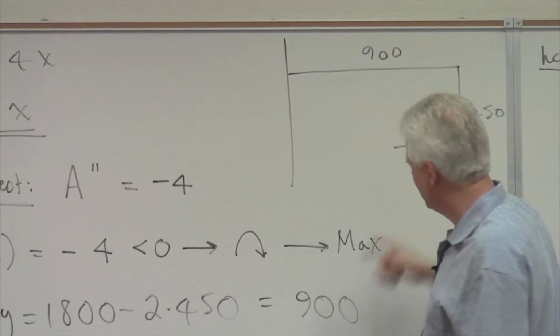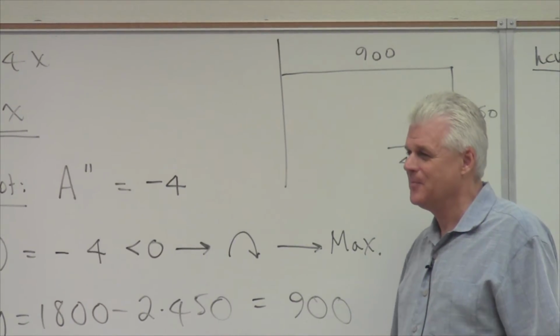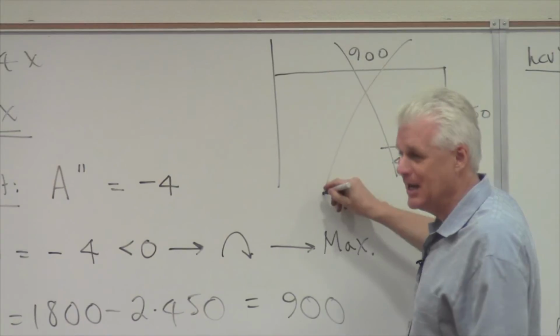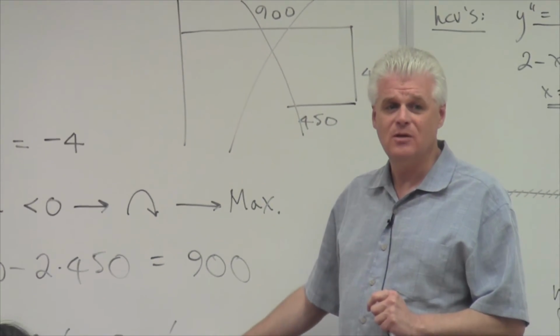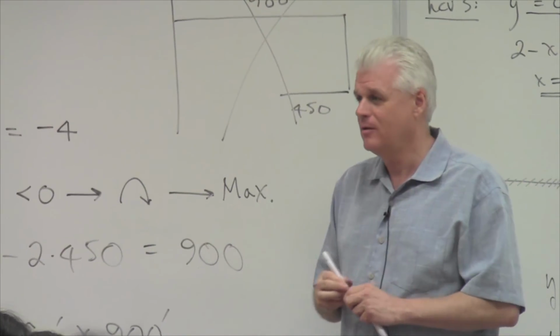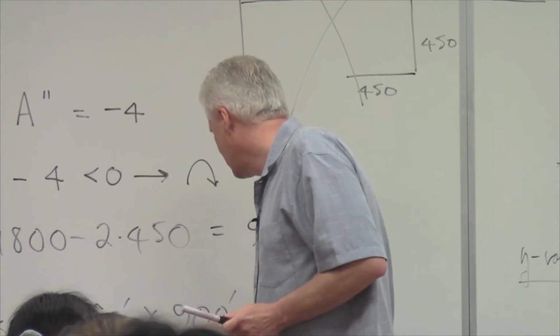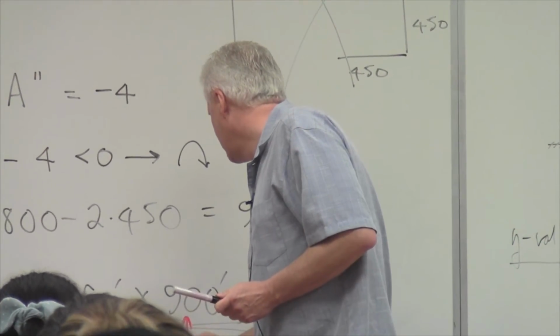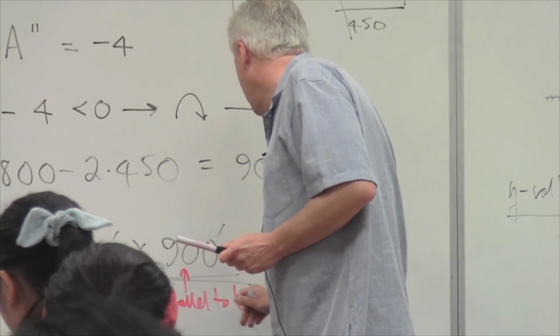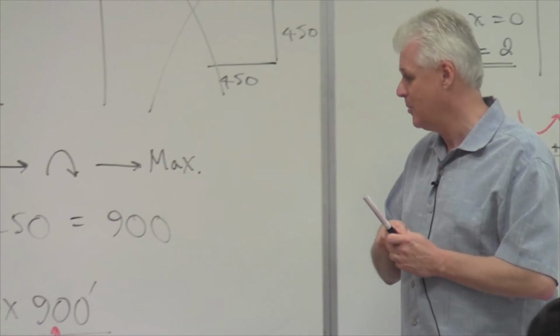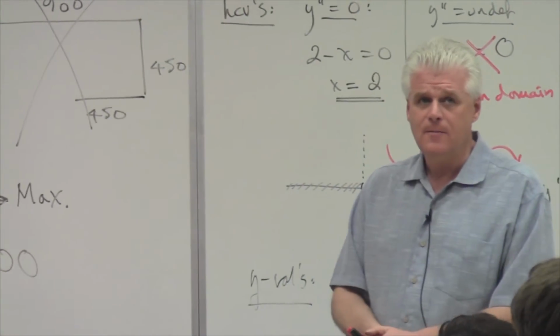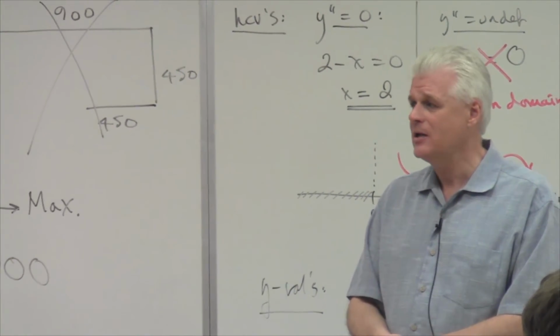So what had you better tell them here? Because this is not what you had in mind, is it? That the 900-foot side is the side that runs parallel to the barn. So it's clear what you mean by the 450 by the 900. Are there any questions about that?